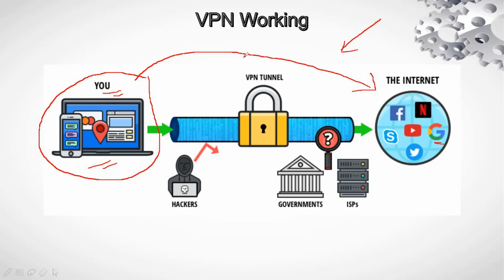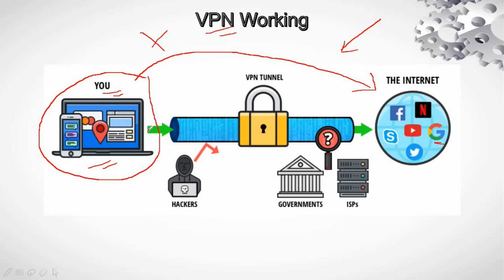They can easily view what you're browsing, what type of data is being shared between your computer and the server, and what type of data is received by your computer from the server. Now this is something that obviously you don't want. So in order to get protection from that, you can use a VPN, and it works by the process of tunneling.